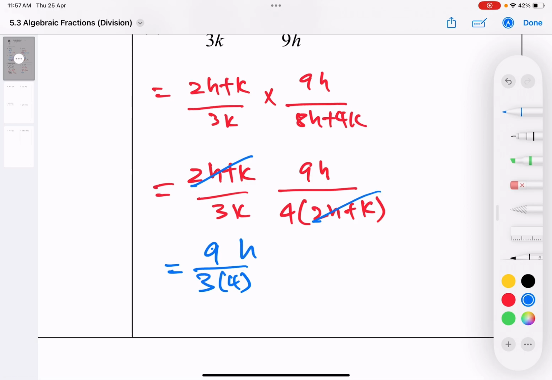Alphabets are just h and k. Use your calculator to simplify this one for you. 9 divided by 3 times 4 will give me 3 over 4 hk. So this is my final answer.